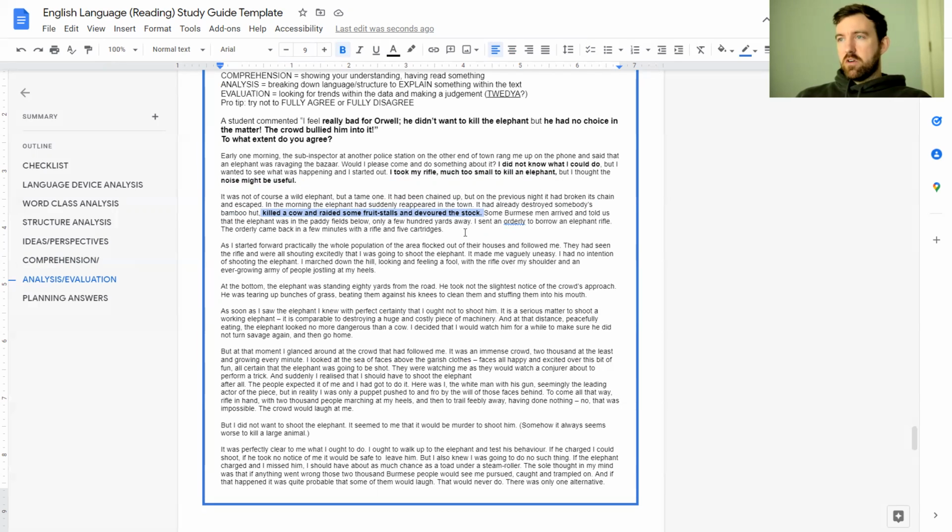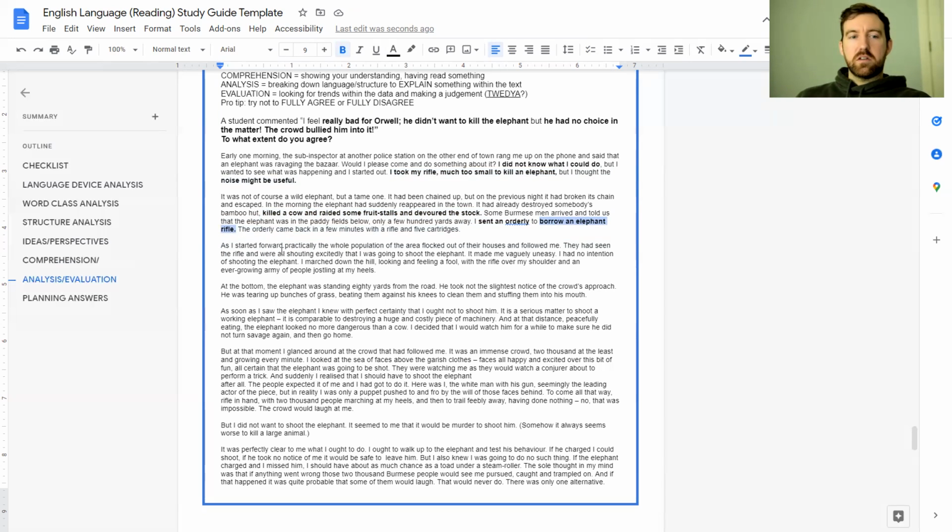Some Burmese men arrived and told us that the elephant was in the paddy fields below, only a few hundred yards away. I sent an orderly to borrow an elephant rifle. So suddenly we've gone from his rifle, which was too small, to him sending someone to get a bigger gun. And it's called an elephant rifle.